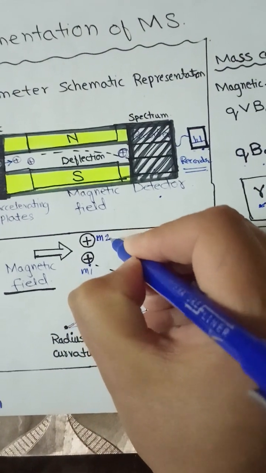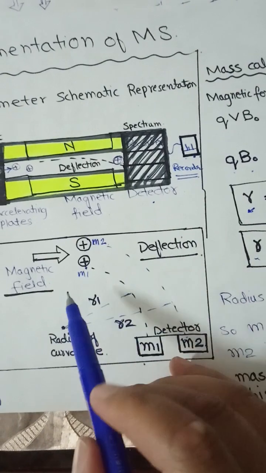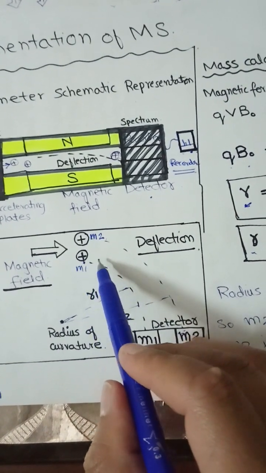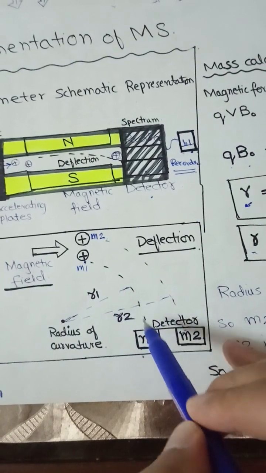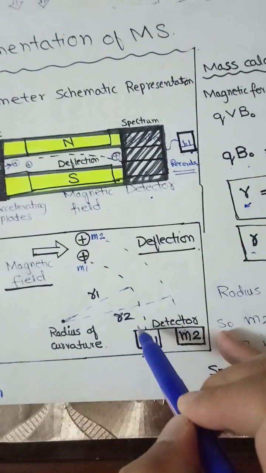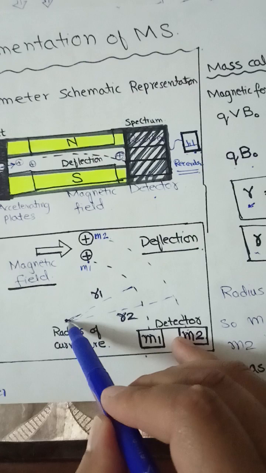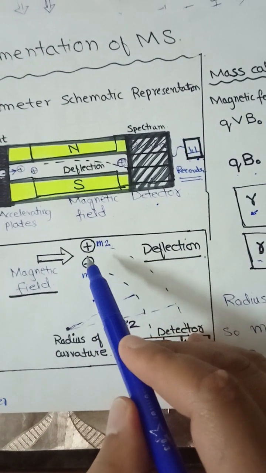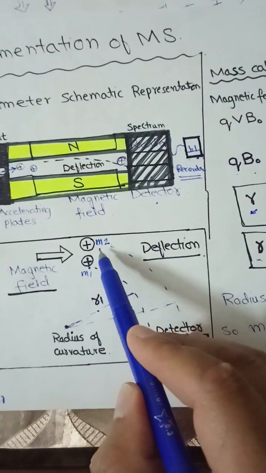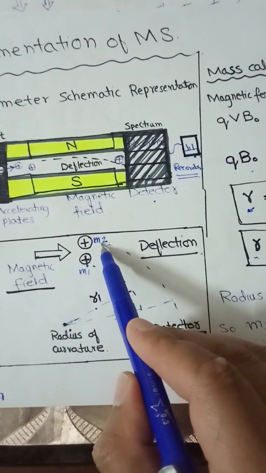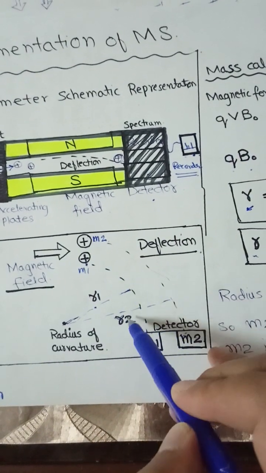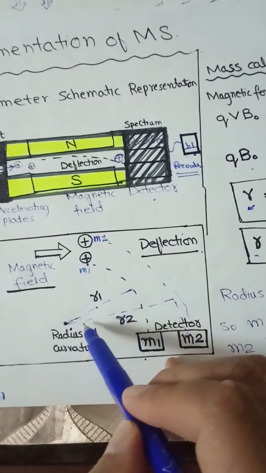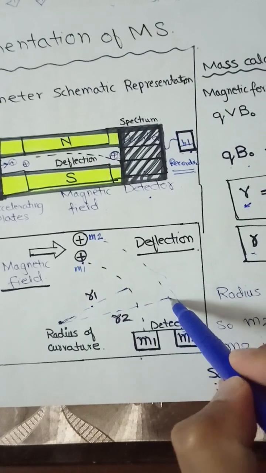So m2 is greater than m1, and here, m1, which has less mass, will be deflected more. Due to its greater deflection, its radius is reduced. So the radius of curvature is smaller for m1, whereas m2 has greater mass and is deflected less than m1, so it gives us a greater radius of curvature.